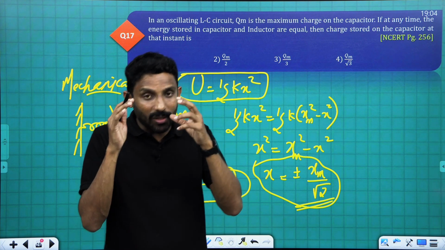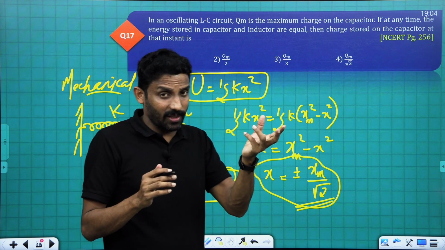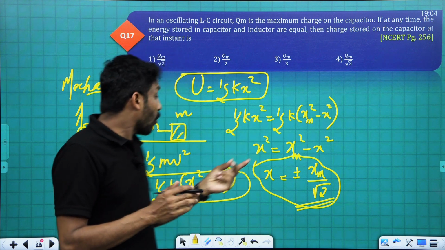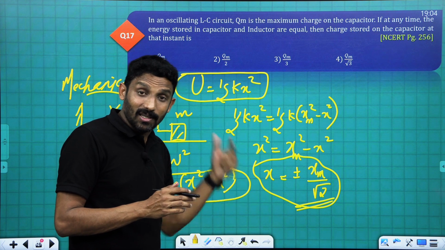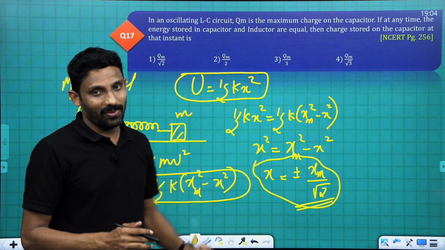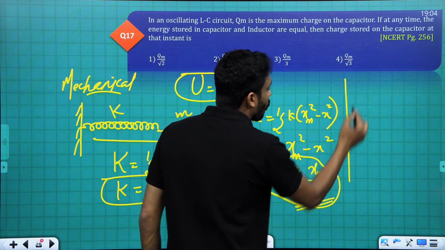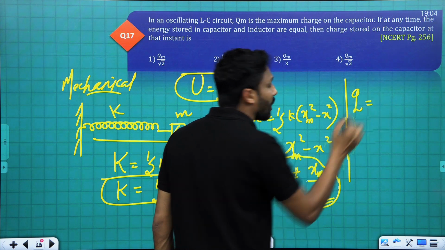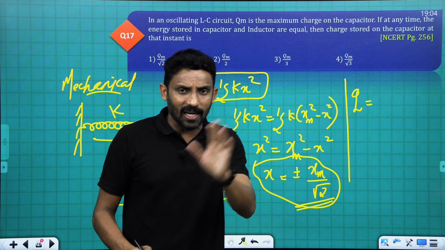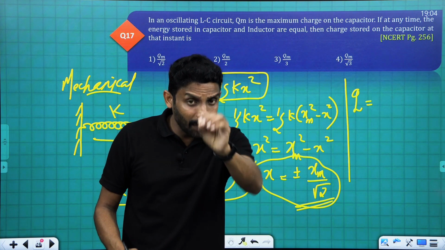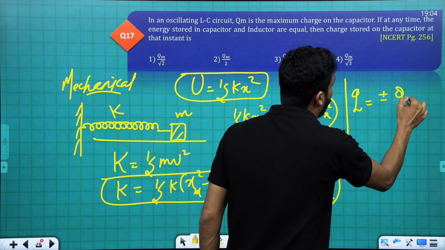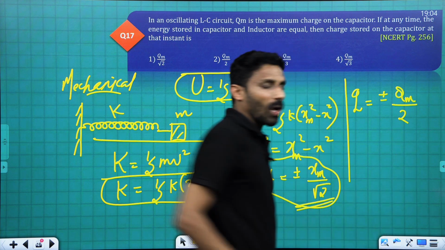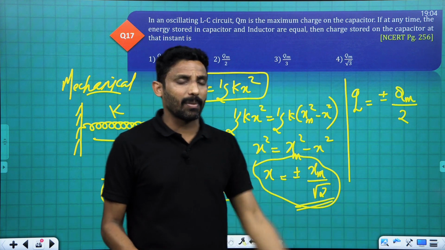Now you come to the case of LC oscillation, where the quantity analogous to x is Q. Then what will be the value of Q at which the energy of inductor and capacitor are equal? Q is equal to plus or minus Qm by root 2. On one plate it will be plus and on another plate it will be minus.